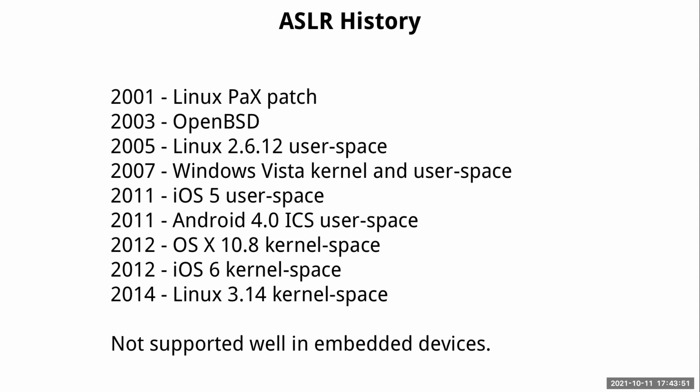They published their first design and implementation back in 2001, a patch for the Linux kernel. Then the first mainstream operating system to support this was OpenBSD back in 2003. Then Linux followed in 2005.